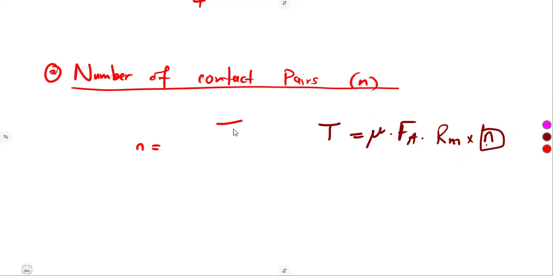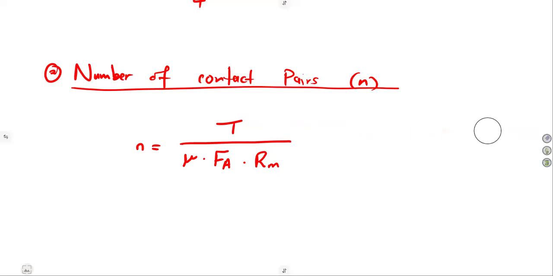So it is going to give us N equal to the torque over the coefficient of friction times the applied axial force times the mean radius, Rm, being the arithmetic mean radius. So this will give us the number of contact surfaces. As you can see, T is the torque, and then the coefficient of friction.